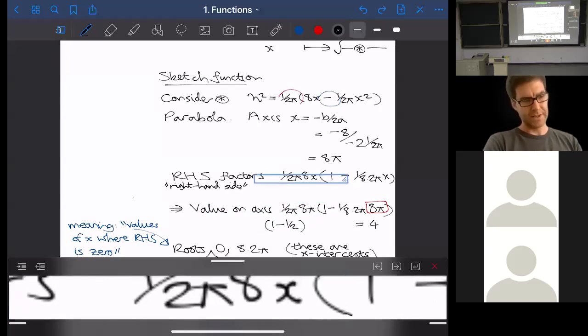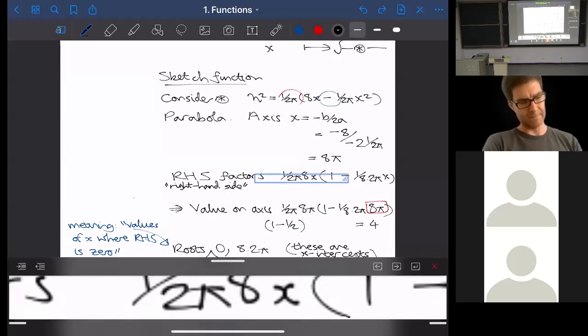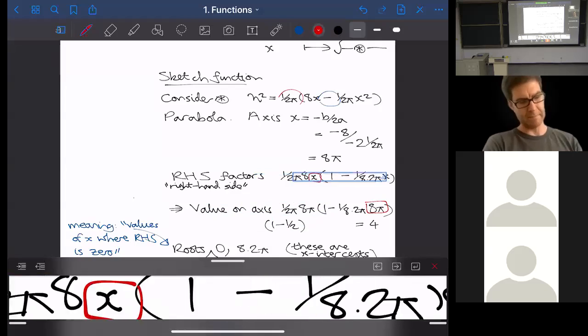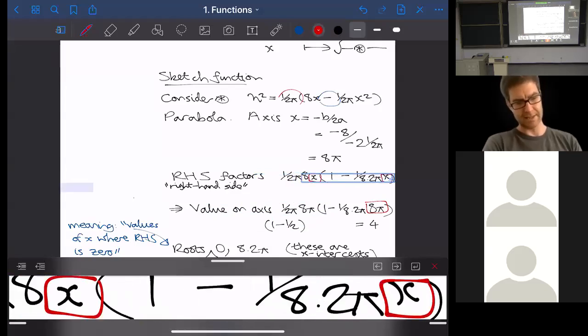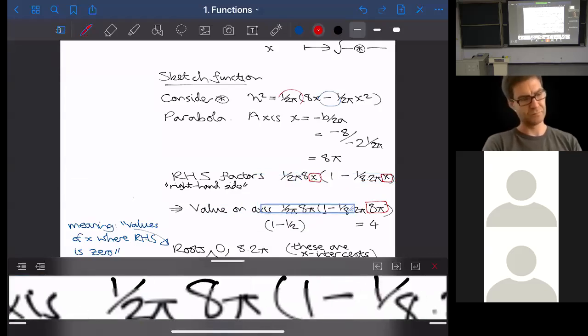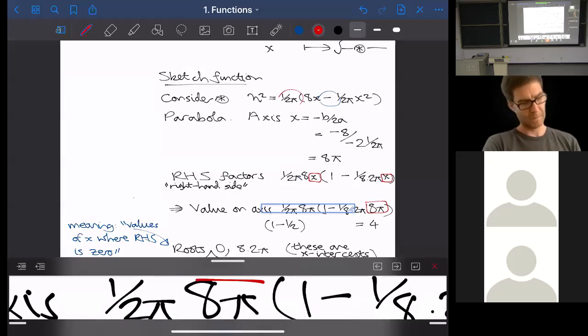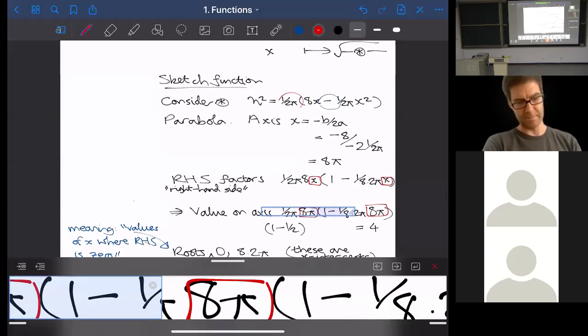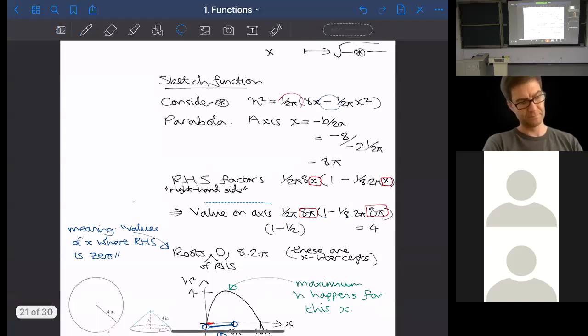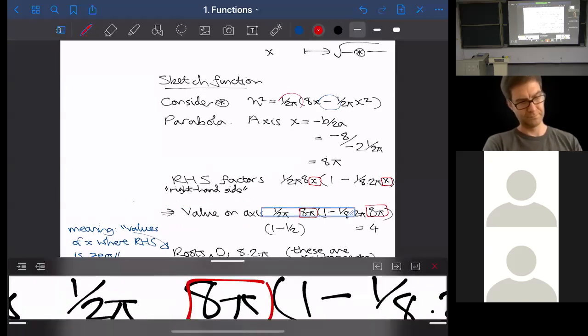So we substitute in x here and x here. So x is 8 pi. So here there are two 8s.